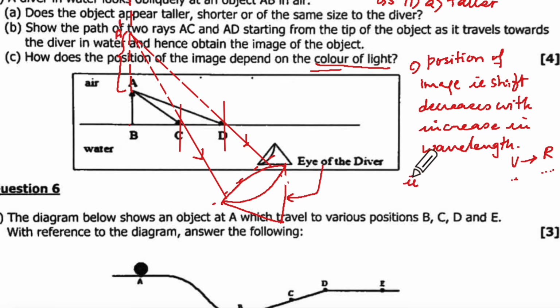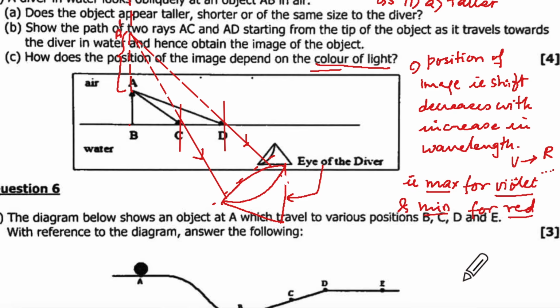So it will be maximum for violet and minimum for red. Understand how to think.